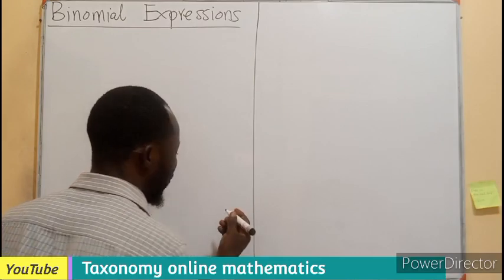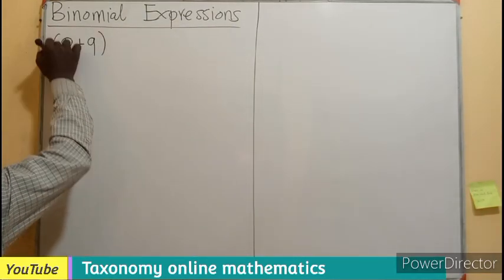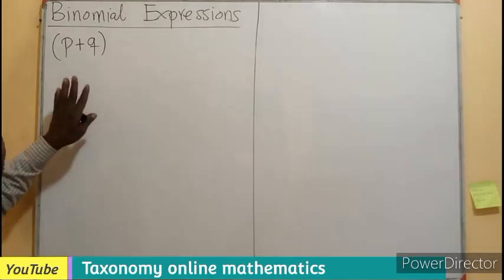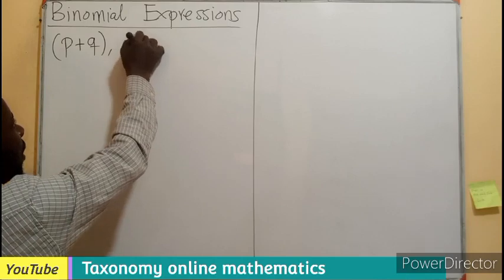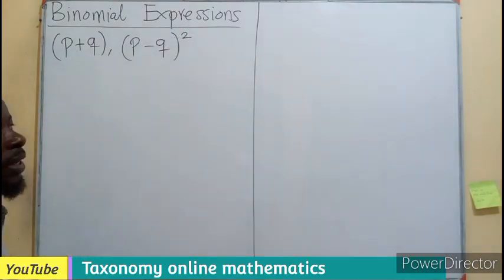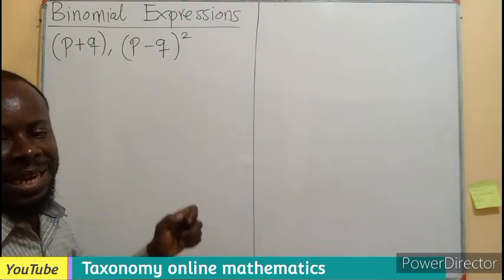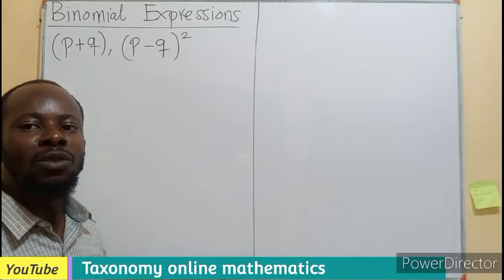So if I have a term, let's say P plus Q, this is a binomial expression. We could also have P minus Q exponent of 2. This is also binomial. They are just two terms that are connected by a plus or minus.